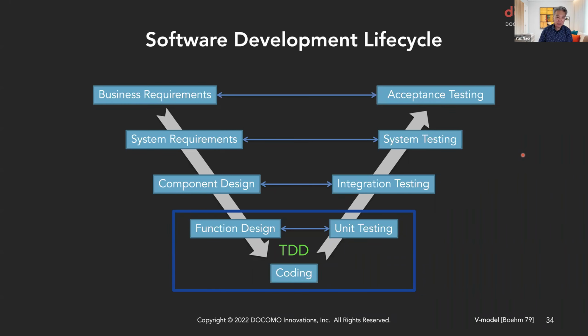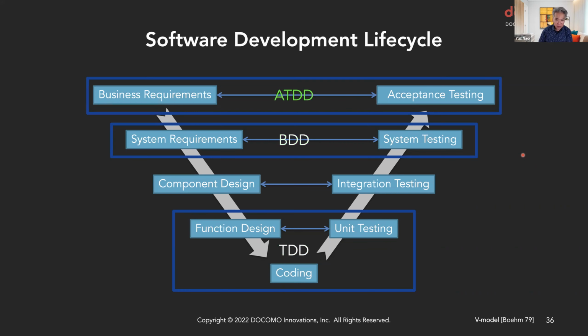We handle TDD, which stands for test-driven development, at the bottom portion. BDD aims at system requirements as system testing. ATDD, which stands for acceptance test-driven development, covers business requirements.